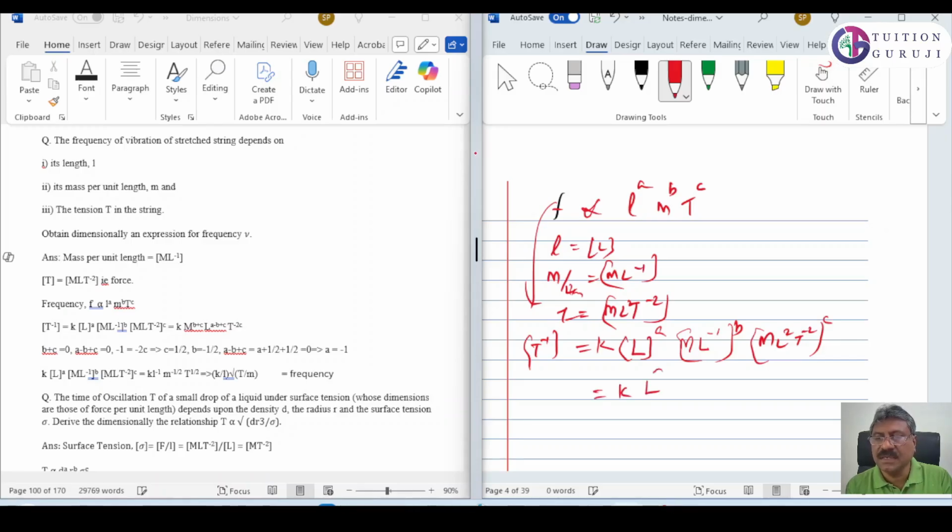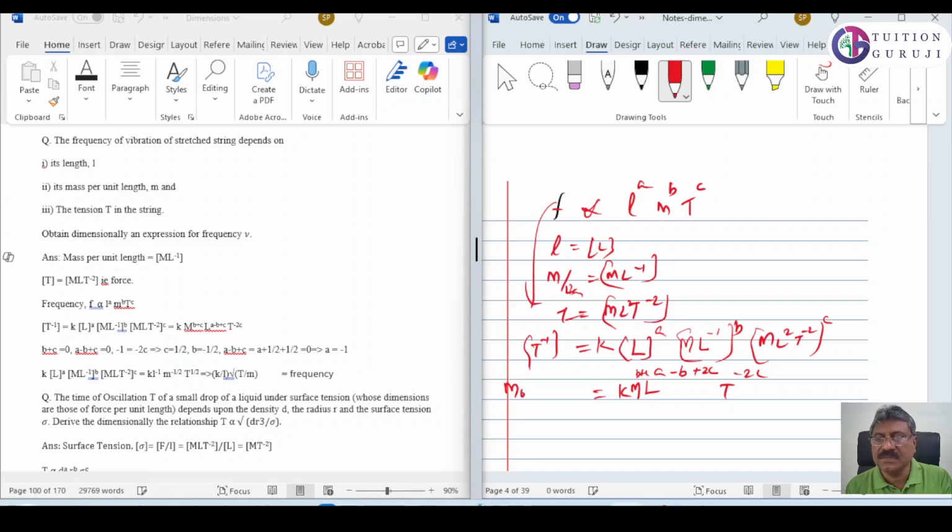So it's equal to K L raised to a minus b plus c, then T raised to minus 2c, M raised to b plus c.